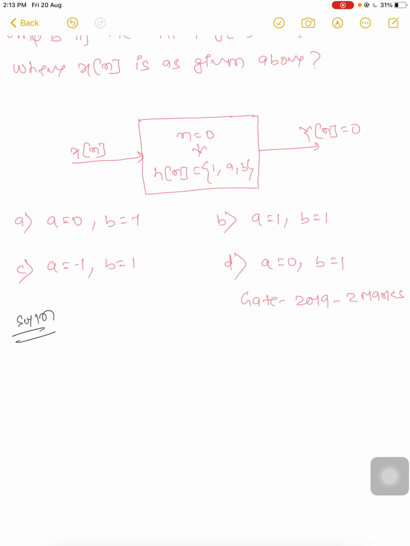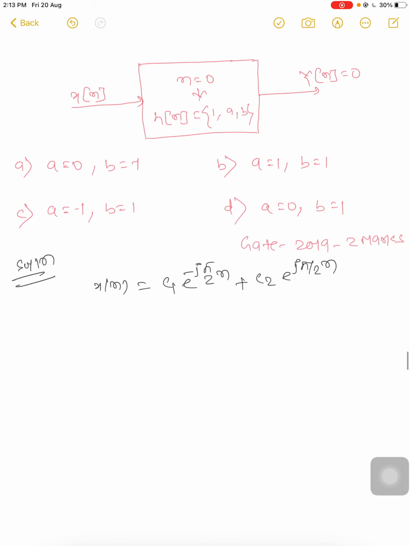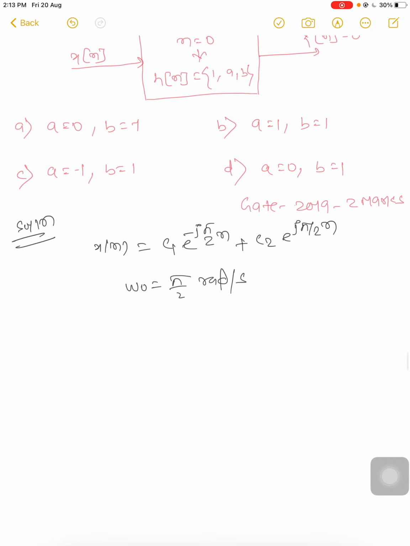See, x[n] is given as c1 e^(-jπn/2) + c2 e^(jπn/2), and ω0 is equal to π/2 radian per second.